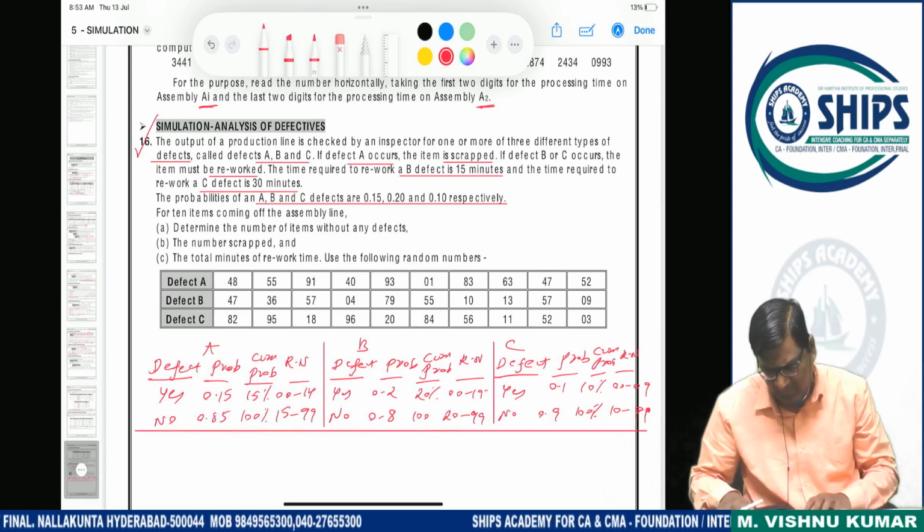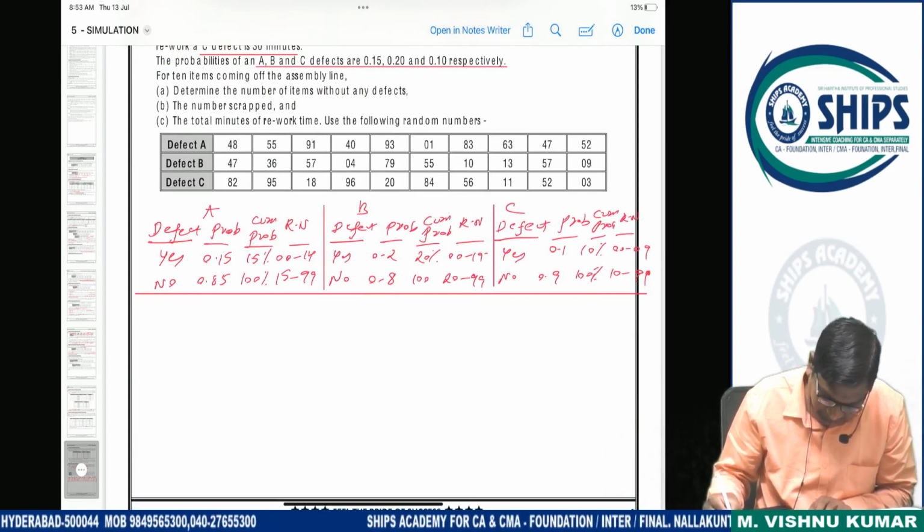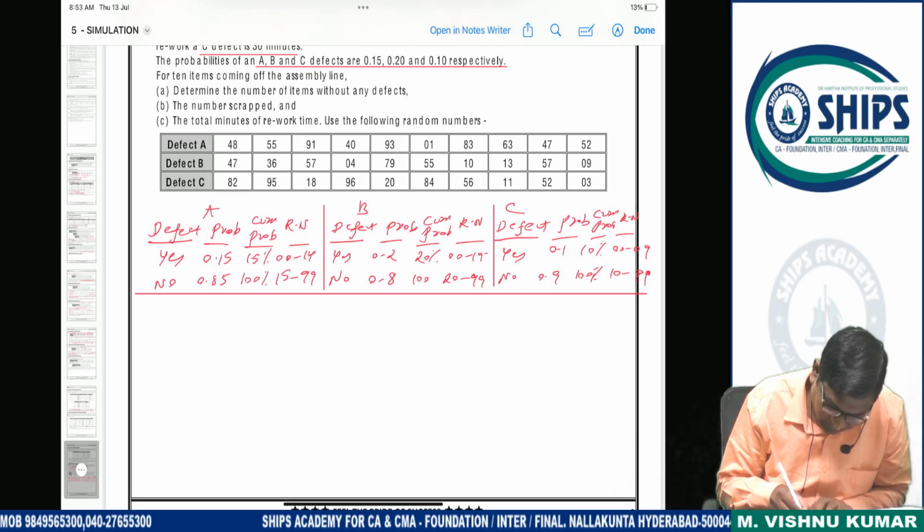Clear? Thereafter, the simulation table is required. So, how many trials are given? 10.